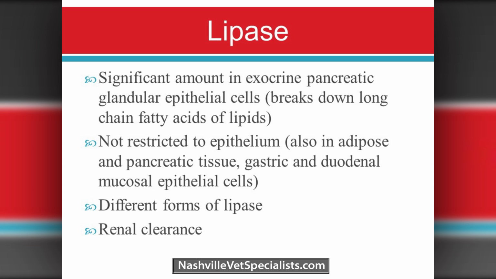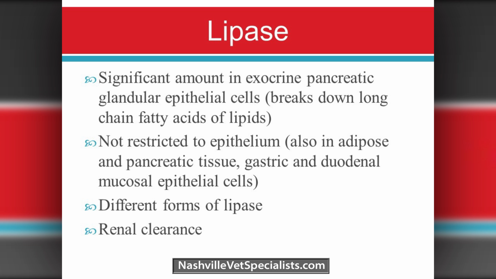You'll see a lot in the exocrine pancreatic glandular epithelial cells, because remember it breaks down long chain fatty acids of lipids, but it's not restricted to the epithelium. It also is in the adipose tissue and the pancreatic tissue, gastric, and duodenal mucosal epithelial cells.